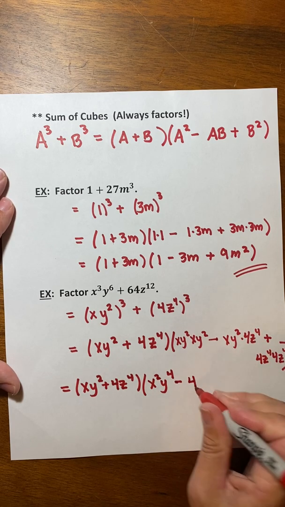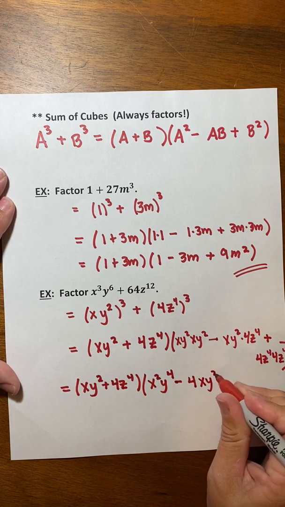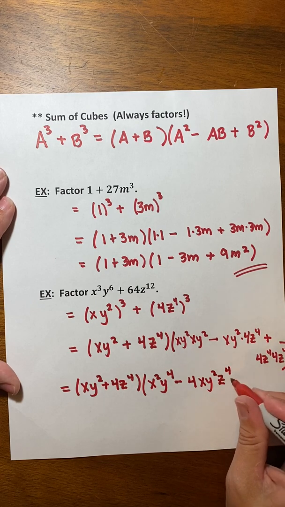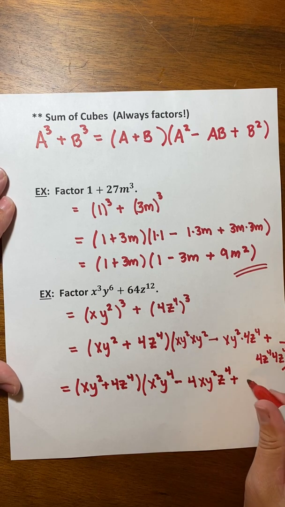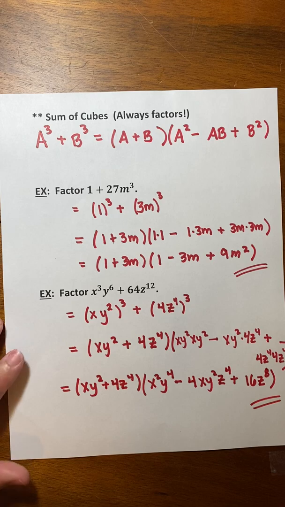We typically put the constant coefficient out front and then leave the letters in alphabetical order: 4xy squared z to the 4th. And then 4z to the 4th squared is 16z to the 8th. And that would be your answer.